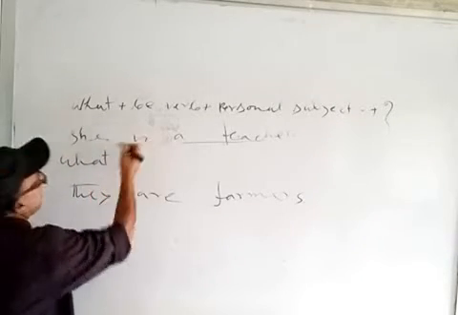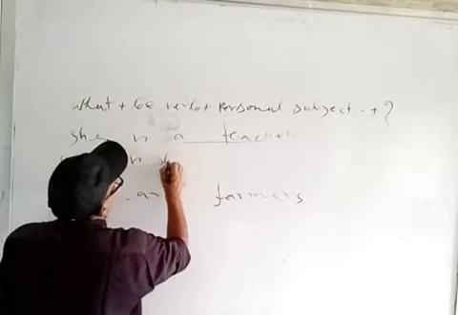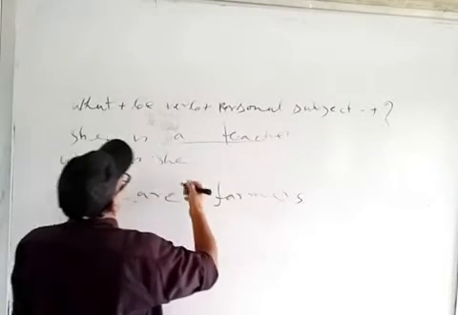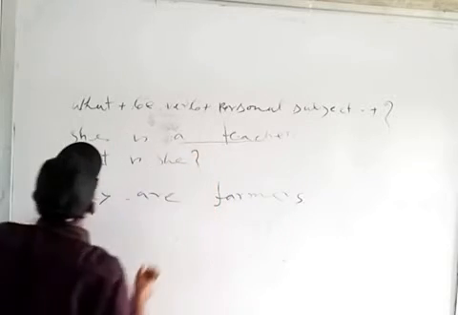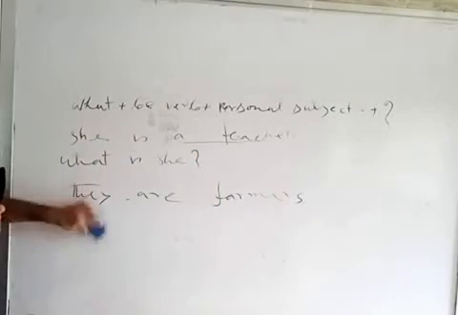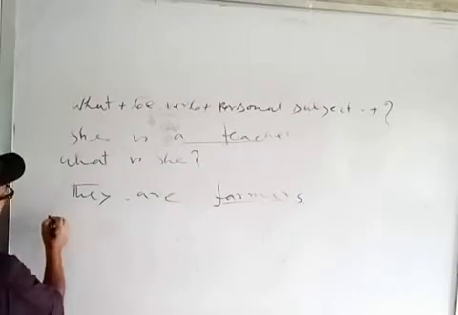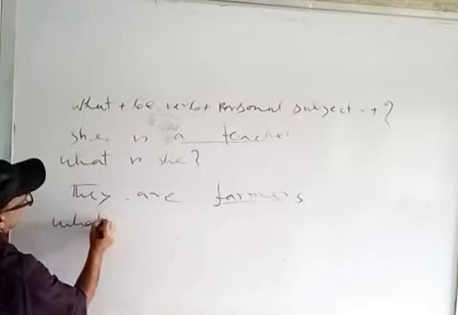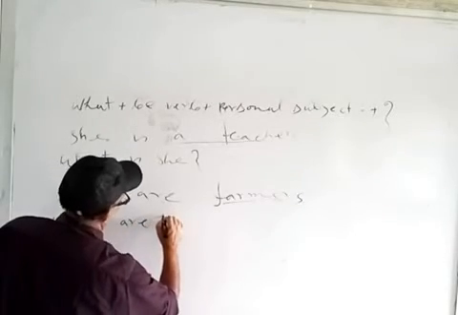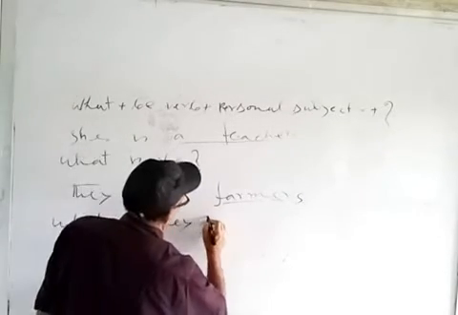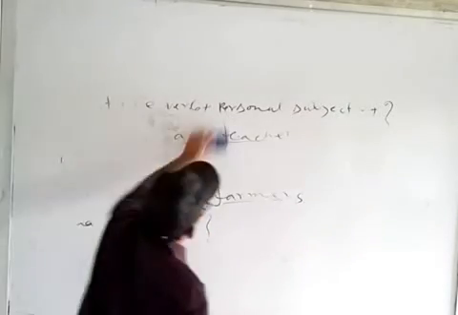Then the given verb is, then you write the subject she. There is nothing else, so no need to write more. Here you have to use note of interrogation. For the second example, farmers indicates profession. In place of farmers, you have to use what. Then the given verb are, then the subject they. And here you have to use note of interrogation. So this is all.